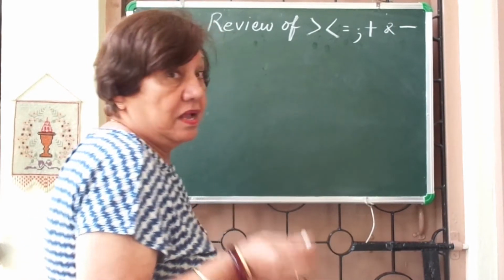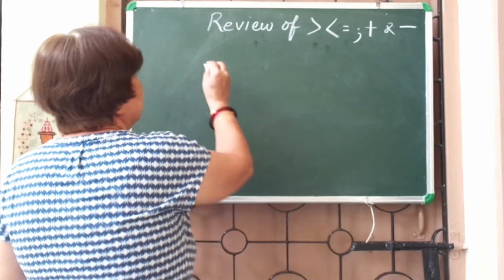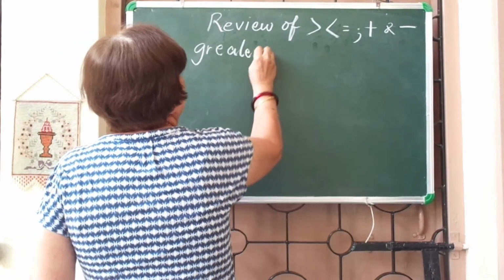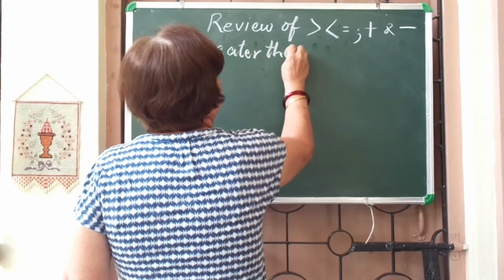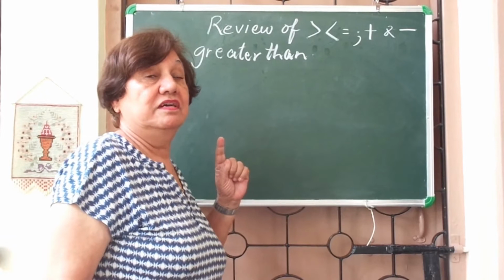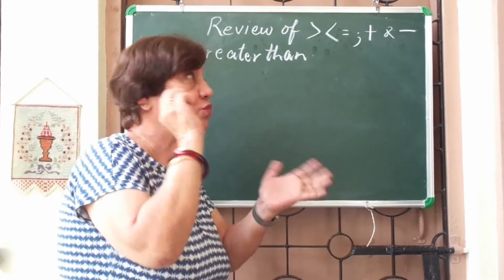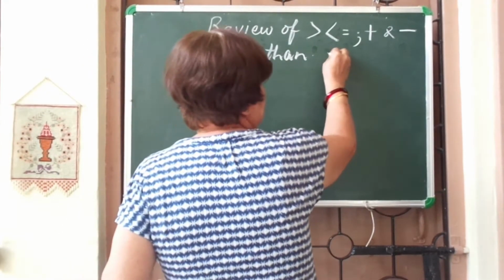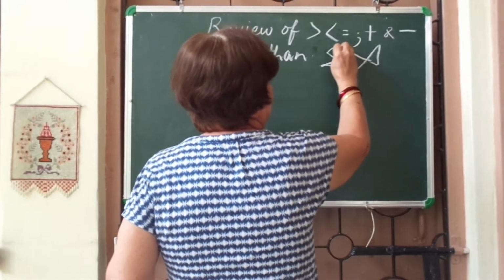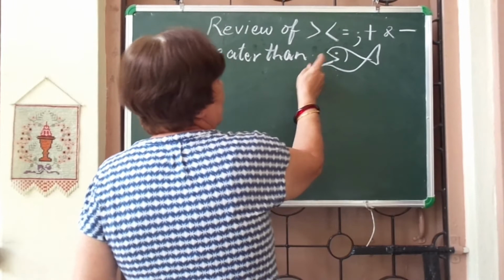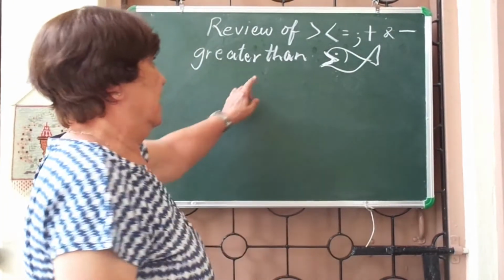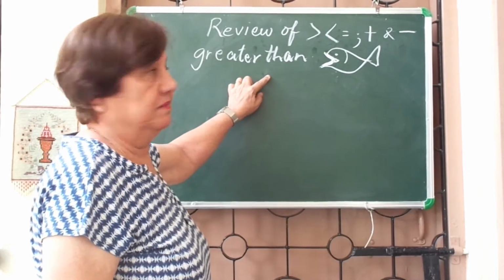Now, let's see, when we are talking of greater than, what will we do? We will have the fish's mouth open towards greater than. So here's the fish's mouth. I'm drawing the fish. And it is open. Can you see this? It is open towards the greater number.